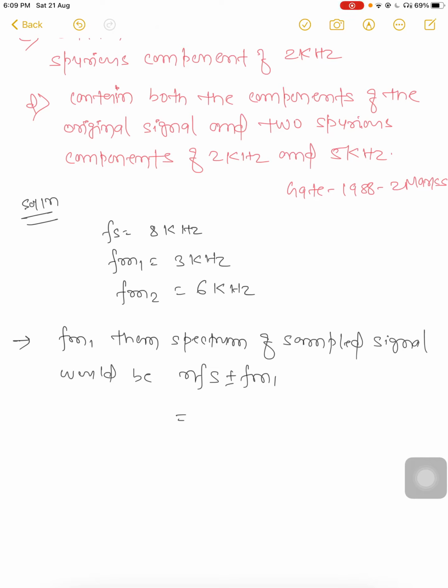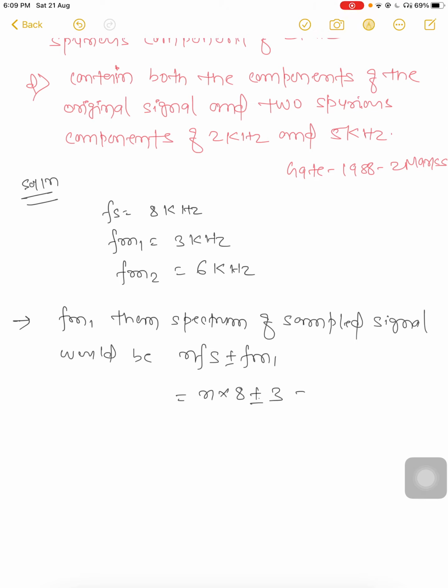Here n is any arbitrary number we can take from 1 to anywhere. So what will happen? n fs, so n into 8 plus minus 3. Let us consider n is equal to 0, then we get 3 kilohertz.